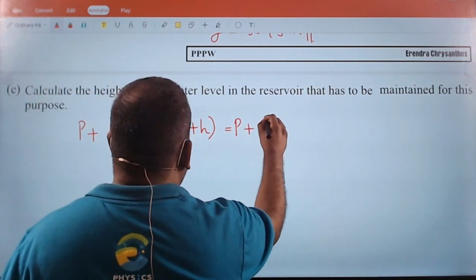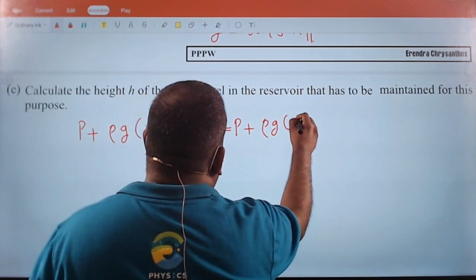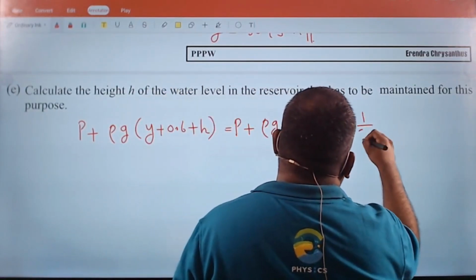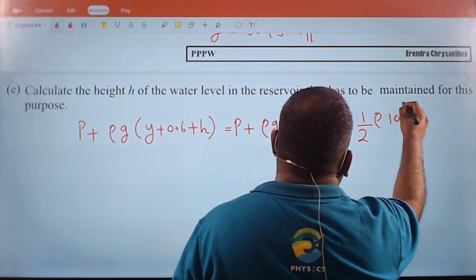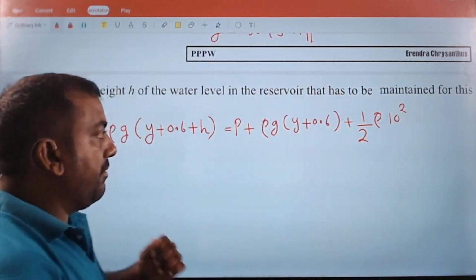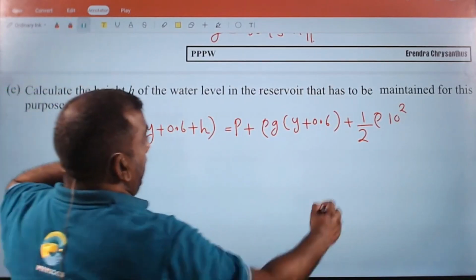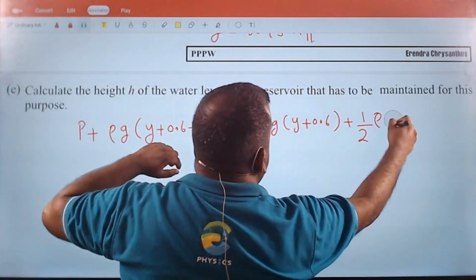P plus rho g, y plus 0.6 plus half rho velocity square, stage number 1. So 5, velocity is 5.